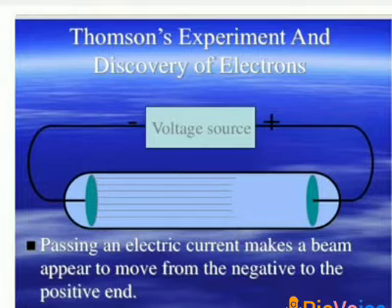Thomson passed electricity at high voltage through a gas at very low pressure taken in a discharge tube. Streams of minute particles were given out by the cathode, meaning the negative electrode. And these streams of particles are called cathode rays because they come out of the cathode.